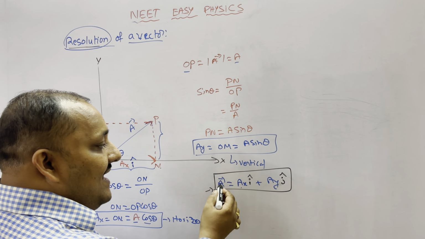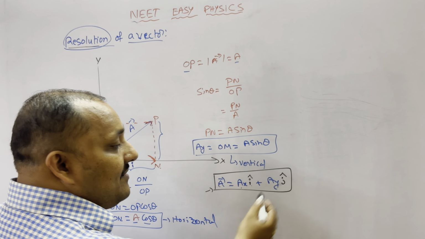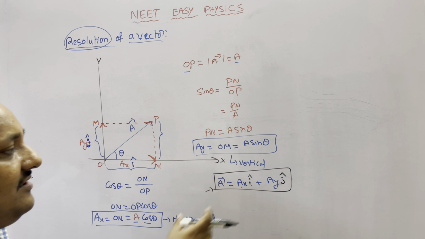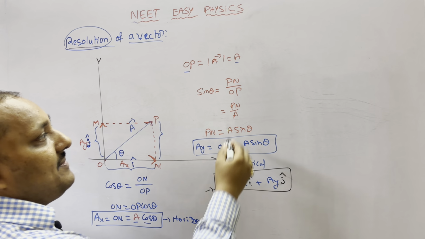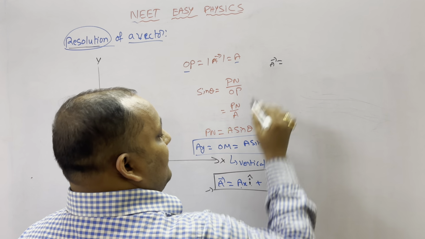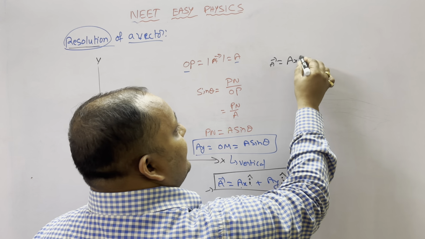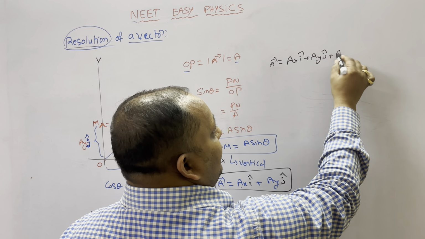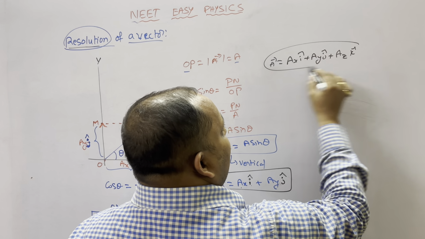This is nothing but a vector represented in terms of unit vectors. This vector is two-dimensional, therefore you got it like this. If it is a three-dimensional vector, A bar is equal to AX I cap plus AY J cap plus AZ K cap.